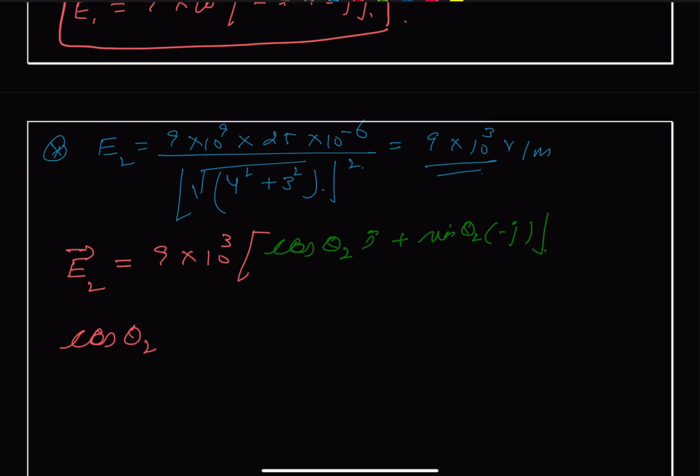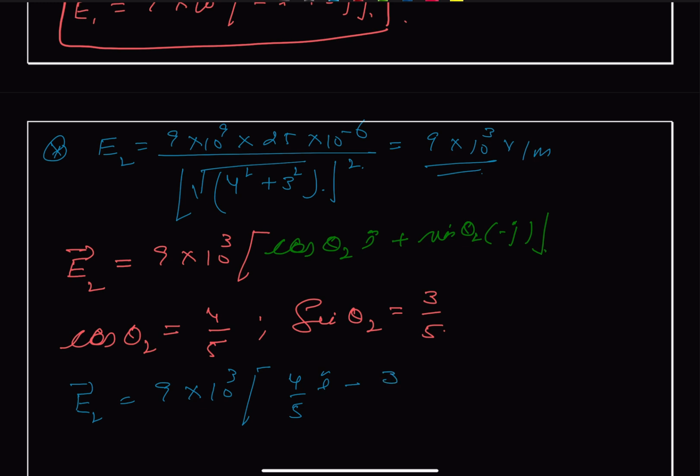Cos of theta 2 will be equal to 4 by 5, and sine of theta 2 will be equal to 3 upon 5. So we substitute the value, we get our E2 will be equal to 9 into 10 raised to the power 3, and this cos comes as 4 by 5 I minus this is our 3 by 5 J.